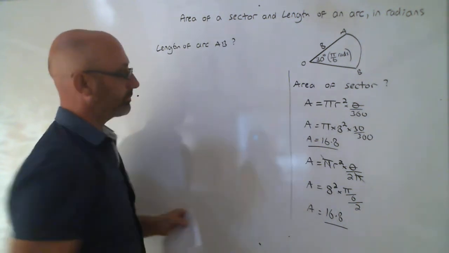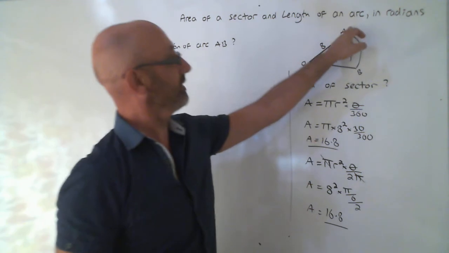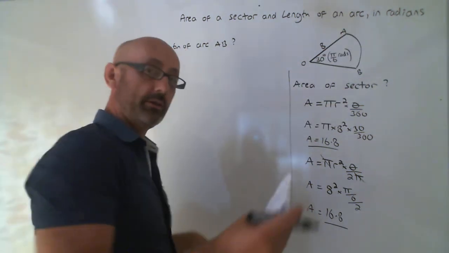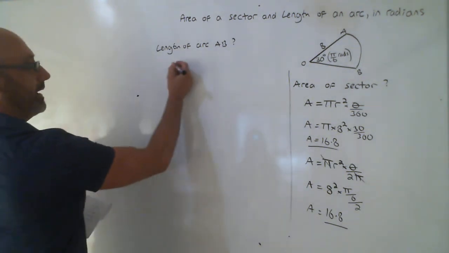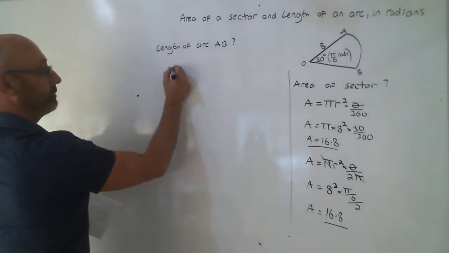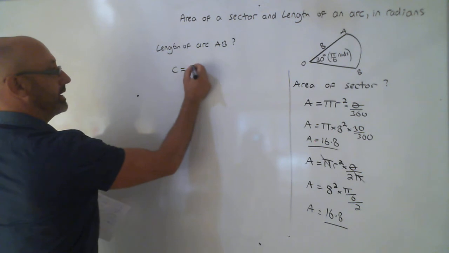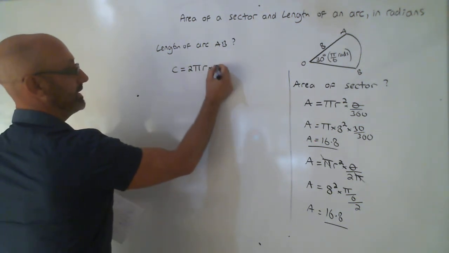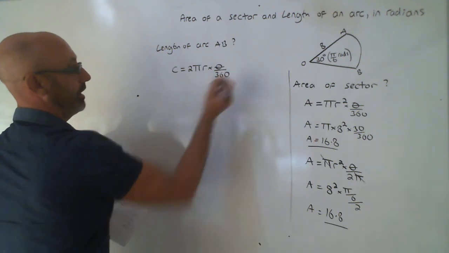So always write down the formula and then go theta over 360 or theta over 2 pi. And the beauty of this method is that when you're working out the arc length there, you're going to do it in exactly the same way. So we need a different formula. We need C equals pi d, or 2 pi r, and we're going to times it by, if it's in degrees, theta over 360.